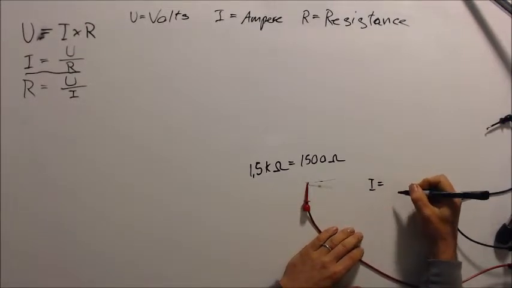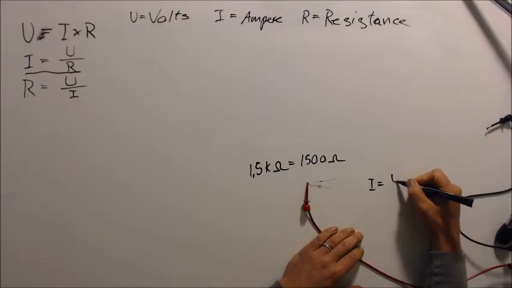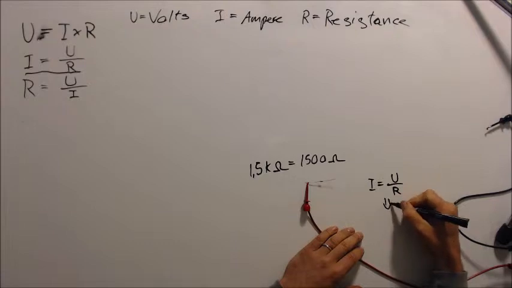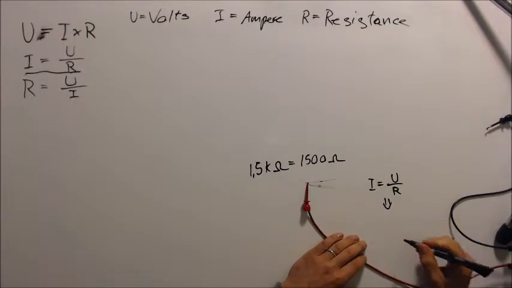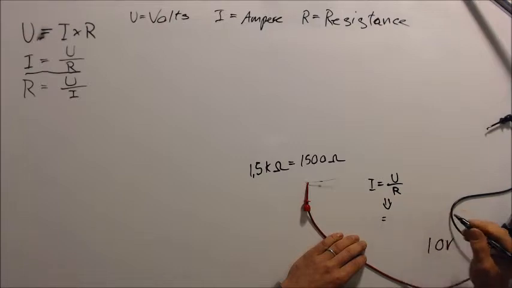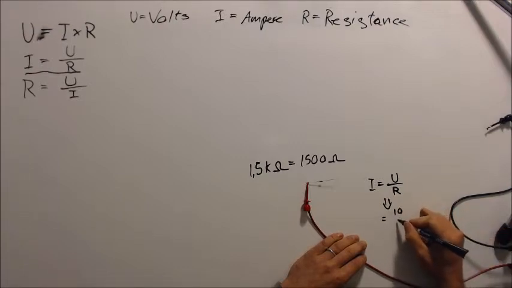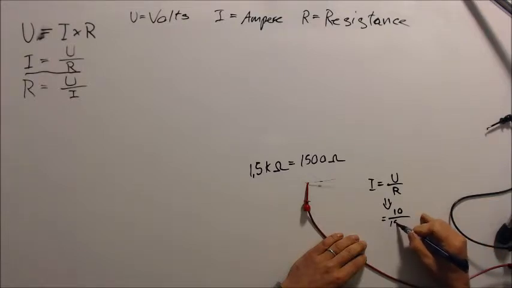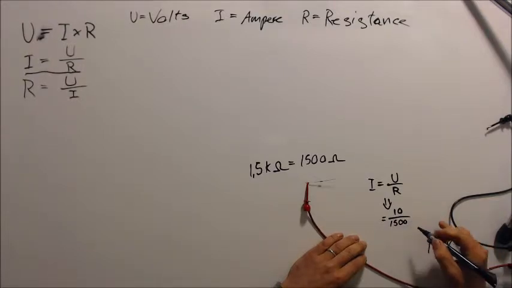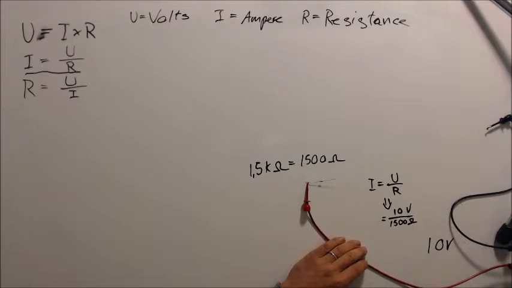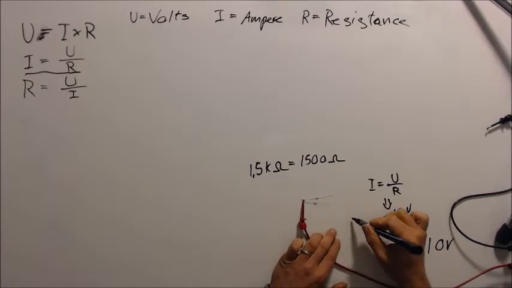I equals U divided by R. And so what that translates to is that we have 10 volts and 1500 ohms. And that's going to give us a really small number.